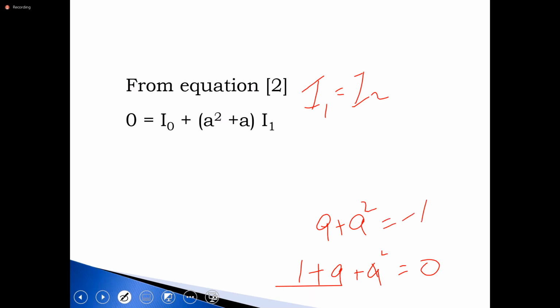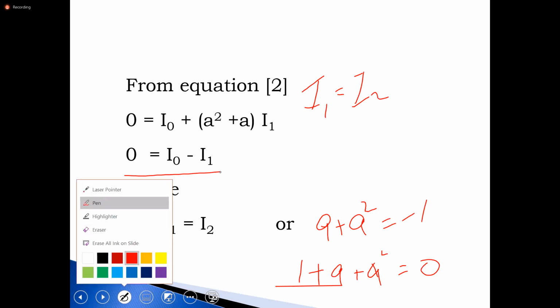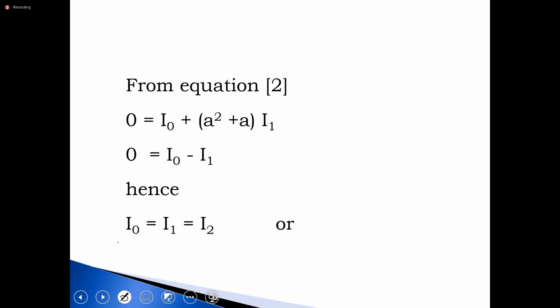You can test that when you have time, but just take my word for it. What that is saying, therefore, is that 0 is equal to I0 minus I1. So we now have a relationship, because if I1 is equal to I2 and I0 is equal to I1, what that is saying to us is that all three currents are equal. So I0 equals I1 equals I2.